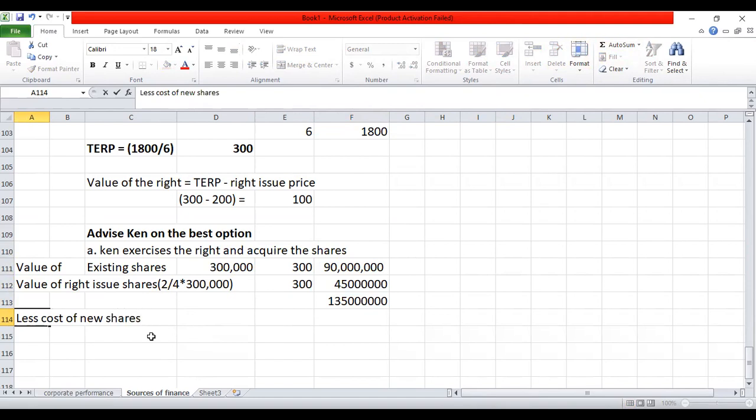The cost of new shares will be 150 times the 200. 150 times 200.